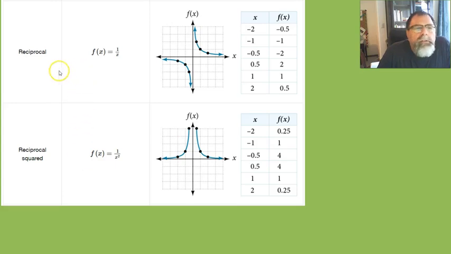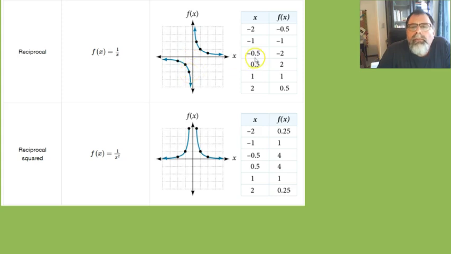The next one you should know is the reciprocal function. So 1 over x, that's the reciprocal of x. If you punch this in, for -2, 1 divided by -2 is -1/2, or -0.5 if you're using a calculator. For -1, 1 over -1 is just -1. If you do -0.5, 1 over -0.5 is -2.